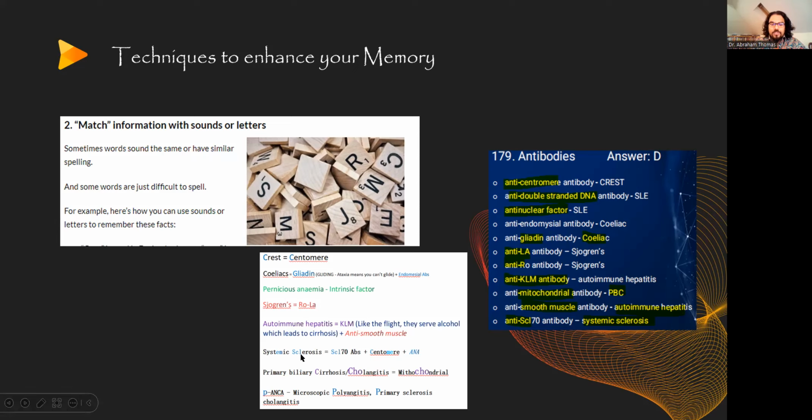Again, systemic sclerosis, you can see how I have highlighted different letters within these words so that I remember them more easily. And of course, one of the techniques is using colors a lot in your revision notes. And again, similarly with cirrhosis and cholangitis, mitochondrial, using these little techniques to match everything up.